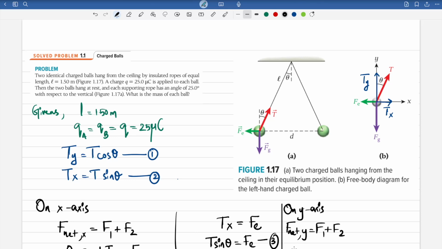It's not moving. So 0 equals, what is F1? It's Ty because it's going upwards, so take it as positive, plus Ty minus Fg.